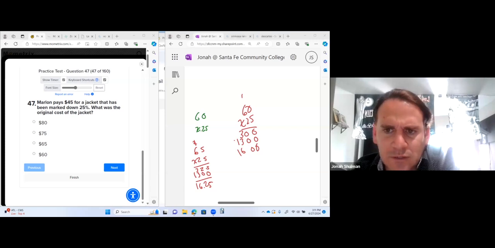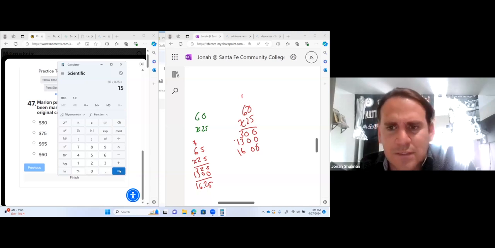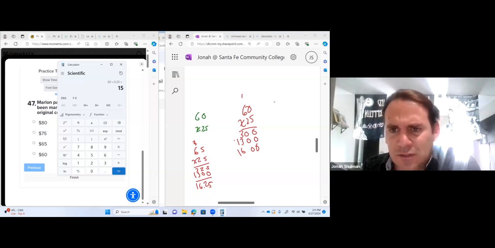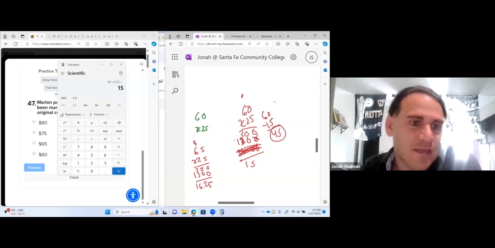We all make errors. $15, not $16. All right, so 0, 30, right? That's the first one. Now it's blank, 0, and 2 times 6 is 12. I don't know how I got 13. There's your $15, and 60 minus $15 is $45. And that's what we wanted.